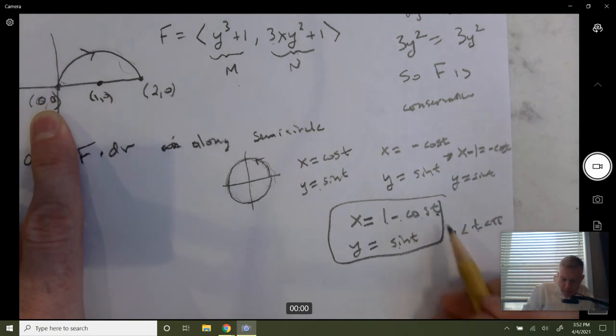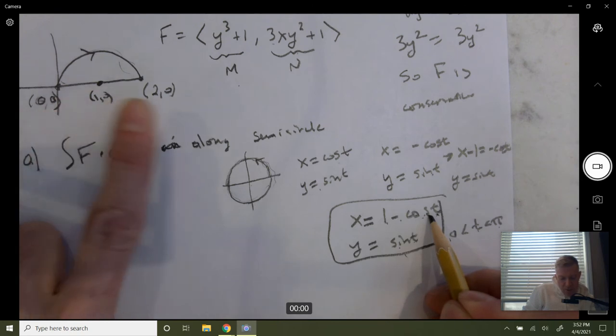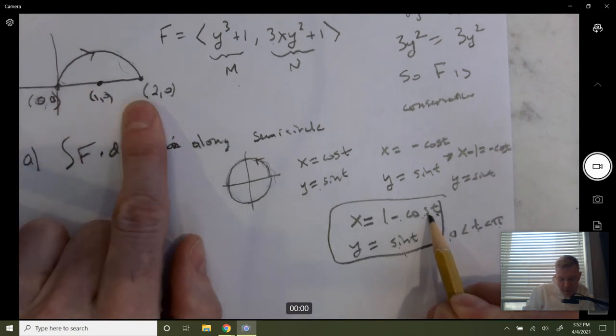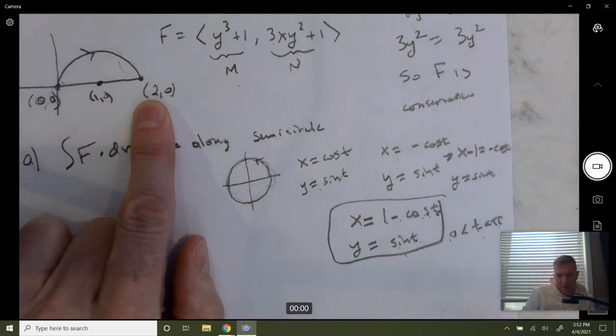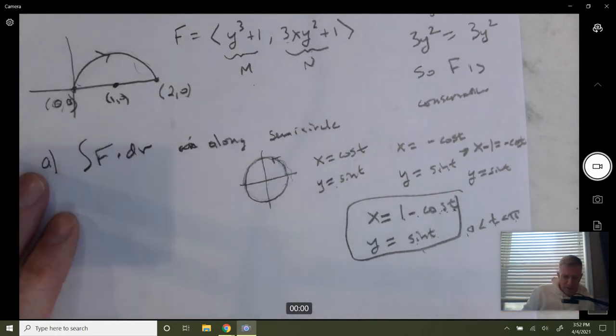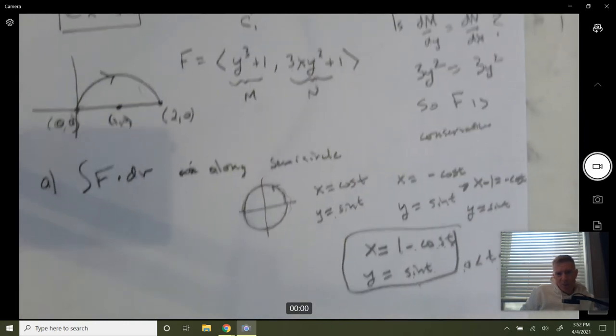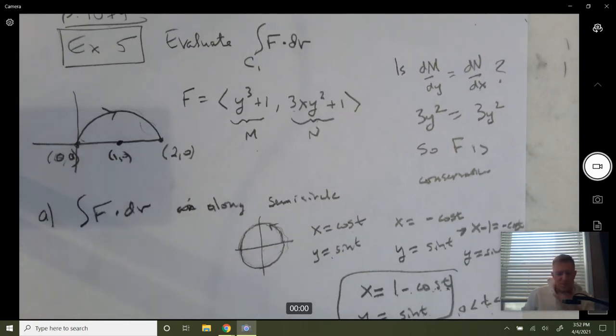So when t is 0, I'm at the point (0, 0). When t is pi, cosine of pi is negative 1. So 1 minus negative 1 is 2. So that makes sense. At this point, I should be at (2, 0). And sine of pi is 0. So that works.